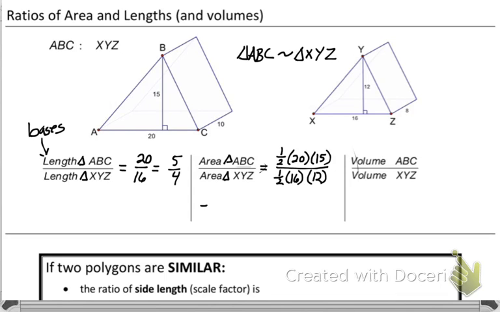Let me work through the math real quick. If you just plug that in your calculator, you come up with 150 over 96, which we're going to be able to reduce down to 25 over 16.